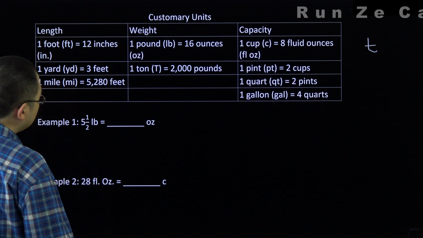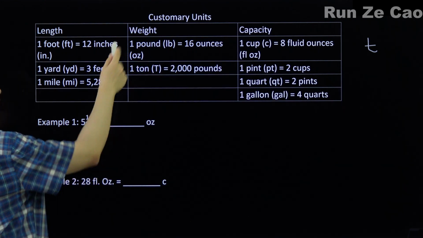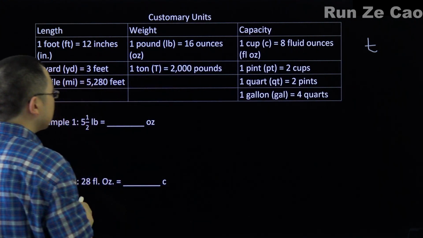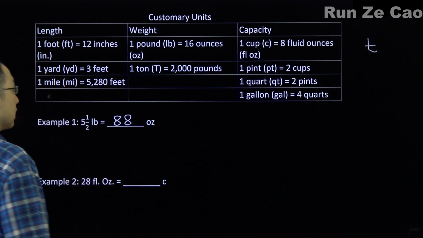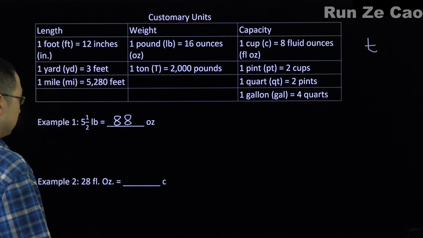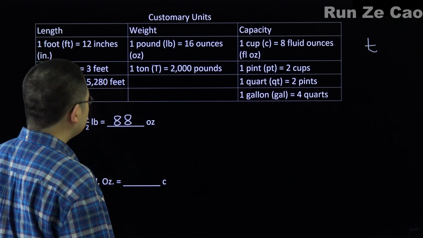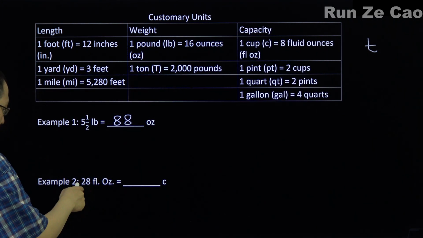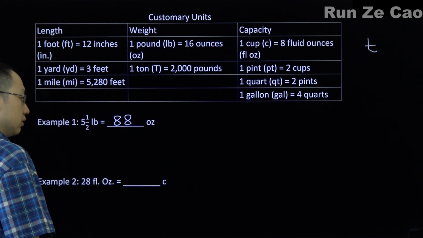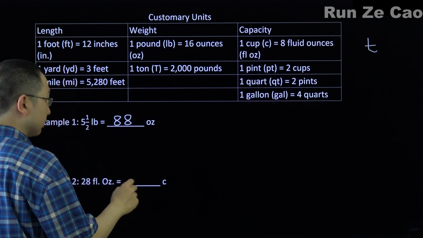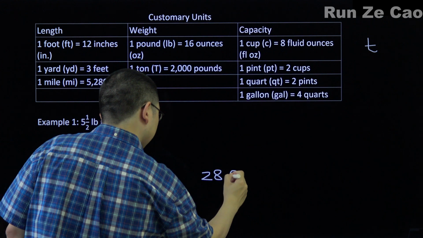5.5 pounds is how many ounces? Well, 1 pound is 16 ounces, so 5.5 times 16 gives us 88 ounces. 28 fluid ounces is how many cups? Well, 1 cup is 8 fluid ounces, so 28, we divide by 8, or rather multiply by 1 cup, like this.